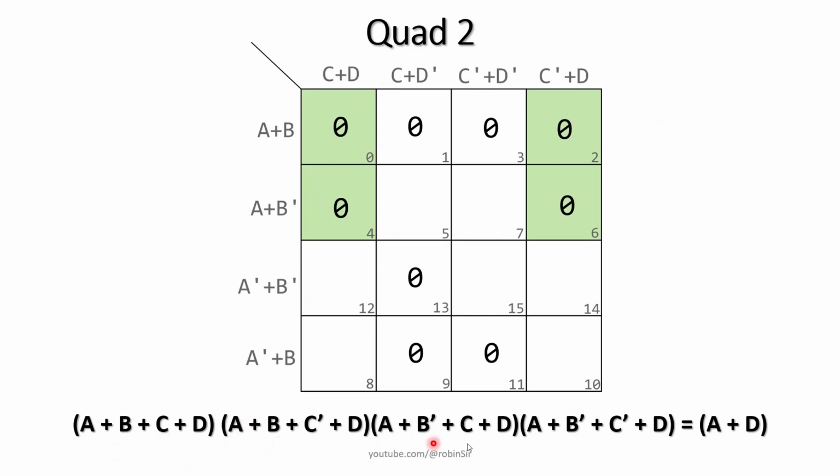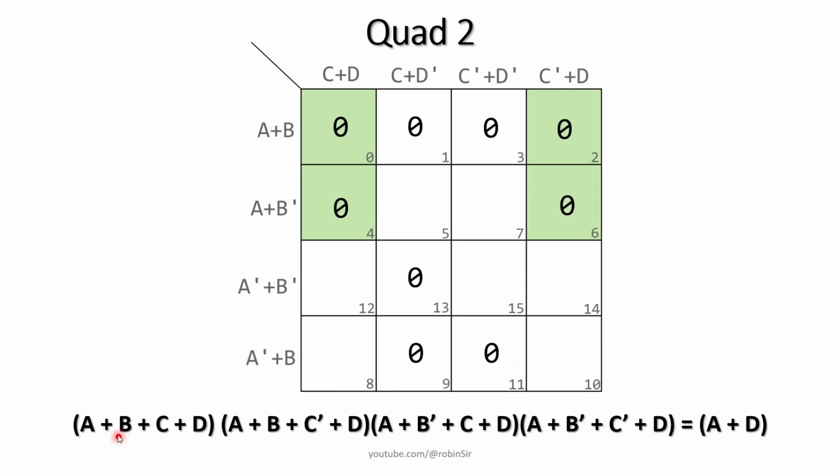And now we are reducing this quad. In the same way we have written all the terms of the POS expression, and then we see that A is a variable here which is not changing, D is another variable which is not changing, and so we only write A plus D.